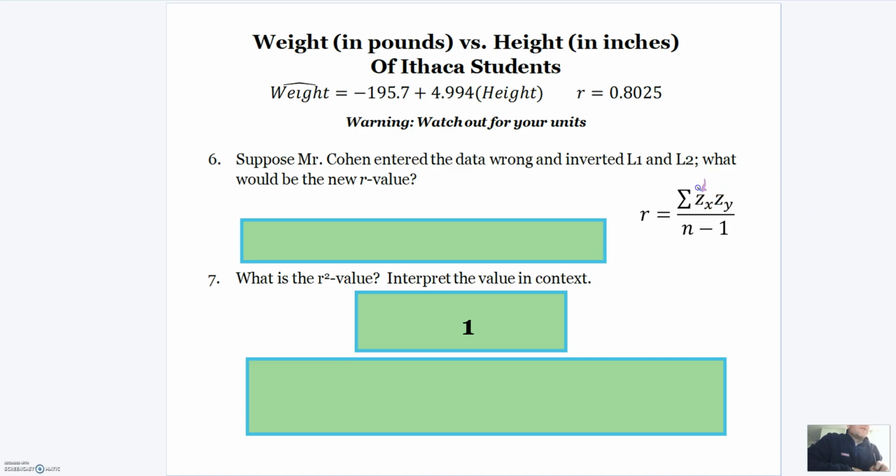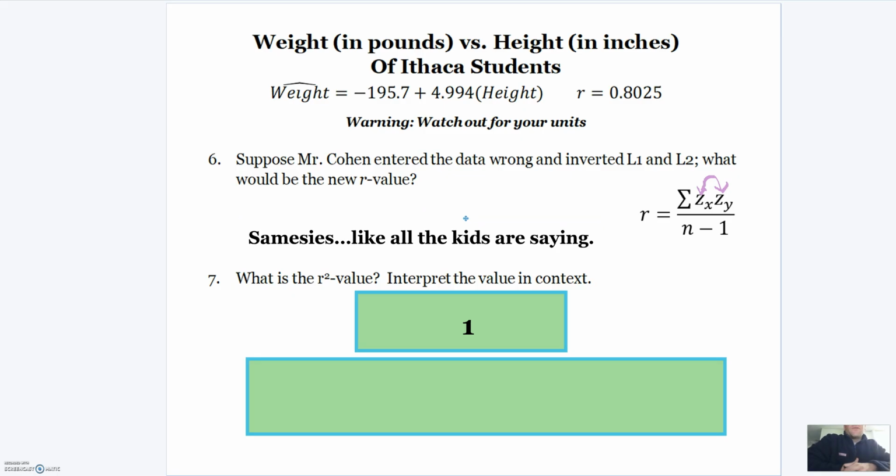So suppose we invert those two things. Notice z sub x times z sub y, or z sub y times z sub x, are the same thing. So our new correlation, if we invert those like one of our students did, is absolutely going to be the same thing.